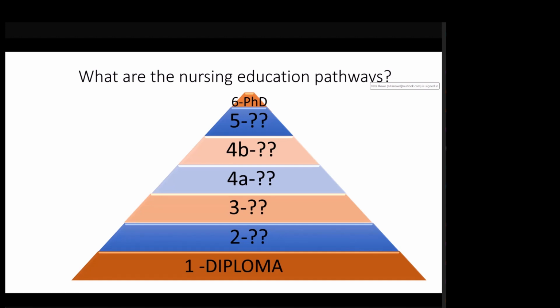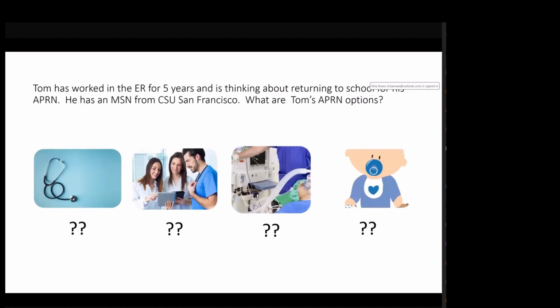All right. Next: Tom has worked in the ER for 5 years and is thinking about returning to school for his APRN. He has an MSN from California State University, San Francisco. What are his options? Okay, so what's the first one to the left?